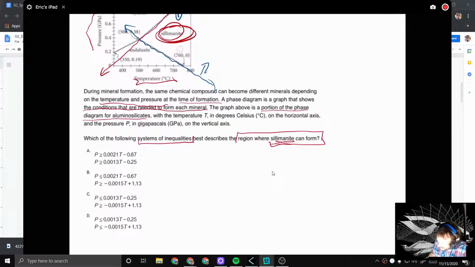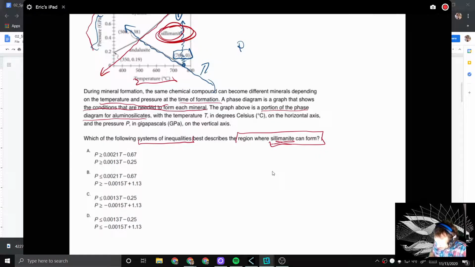This 760 is an easy point to plug in. It's easy to plug in 0 for y, or 0 for what's y? Pressure, 0 for pressure. So if I put 0 for pressure, then I should get 760, and I want the values above that. I want P to be greater than, right? If I'm thinking about this one particular number line, I want everything above 760 when the temperature is 0.